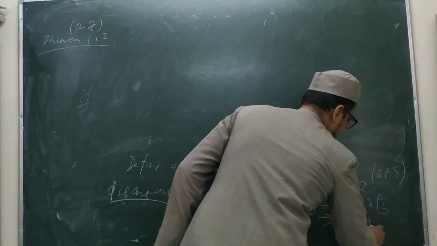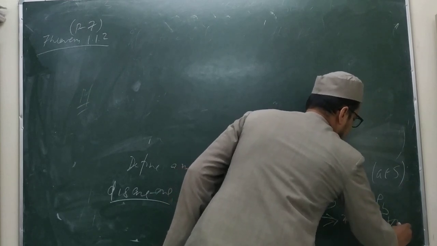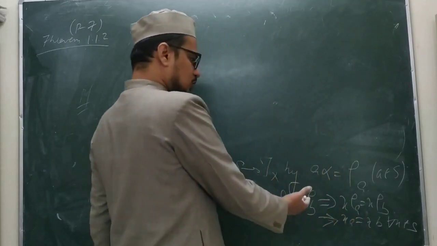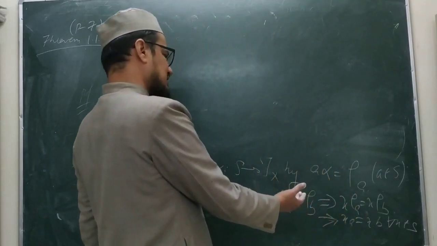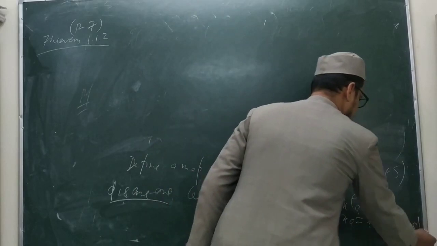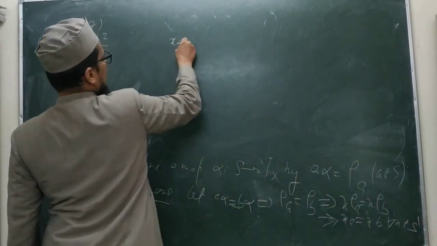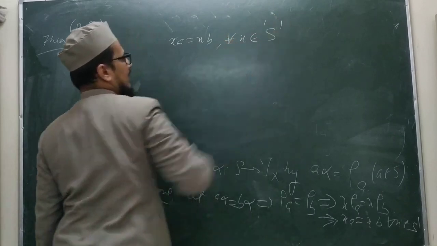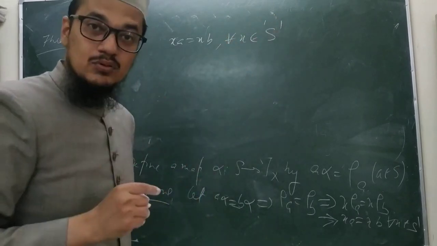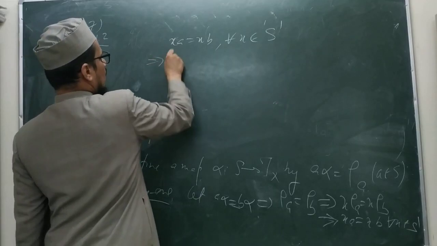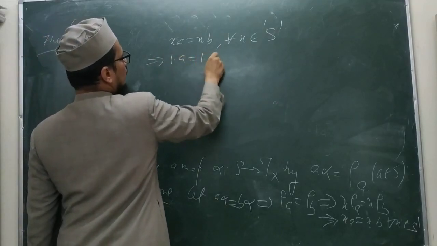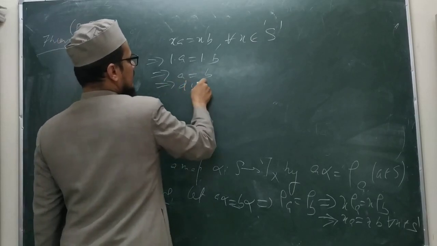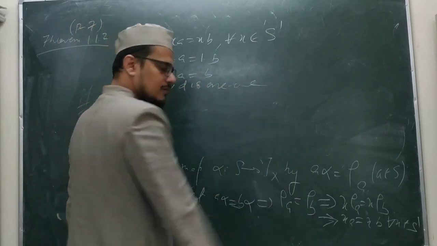What does it imply? xA is equal to xB for every x belonging to S¹. S¹ contains the identity also. So it implies that 1·A is equal to 1·B. It implies that A is equal to B. It implies that α is 1-1. Correct?